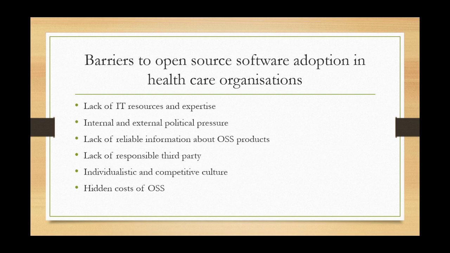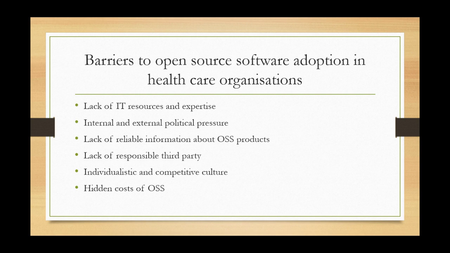Another barrier is internal and external political pressure. Speaking of internal pressure, at the ministerial level, there are decision makers who have some projects with commercial software vendors. And in that case, when they communicate with those software vendors, they are told that the project will be at risk if the health delivery organization decides to move to open source software projects.